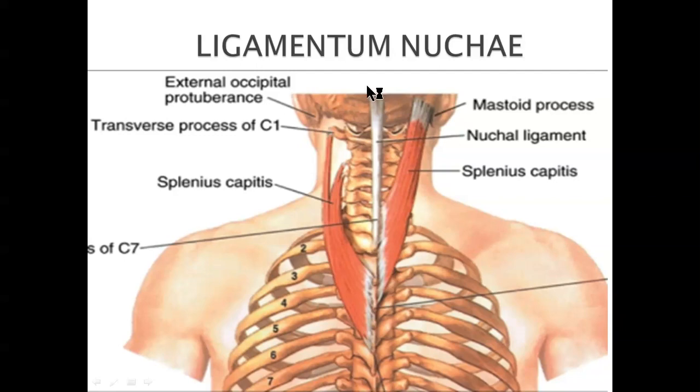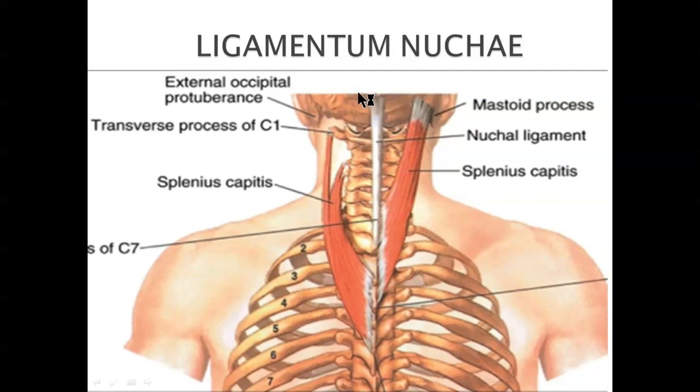Your ligamentum nuchae is the continuation of your supraspinous and interspinous ligaments, continuing above as the ligamentum nuchae. It's a midline structure on the back side of your neck. So this is also a part of your deep fascia if we are talking about the neck.